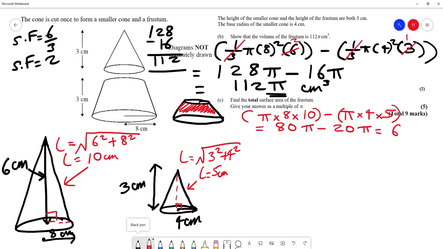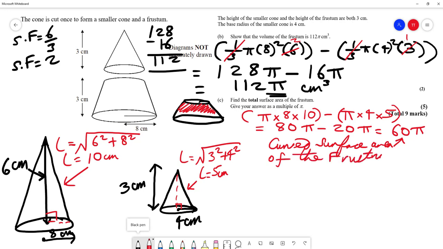So the curved surface area of the frustum is 60 pi. I'm going to write that as the curved surface area of the frustum. Okay, so what else do we need to add? Well, it has a circle on the top and a circle on the bottom. The area of the circle on the top is the circle of the smaller cone, so it's pi times 4 squared.